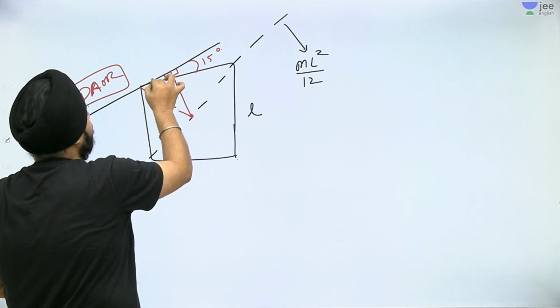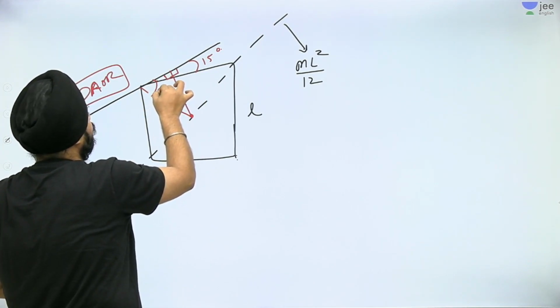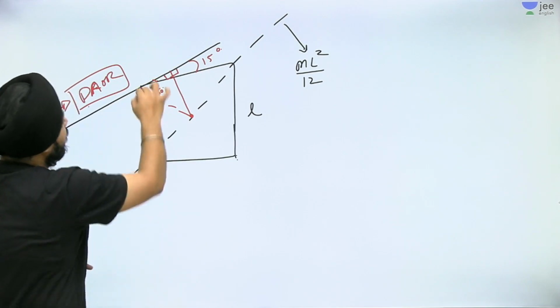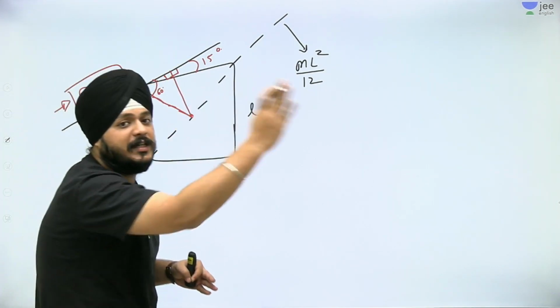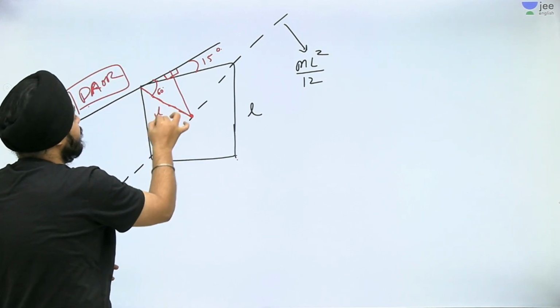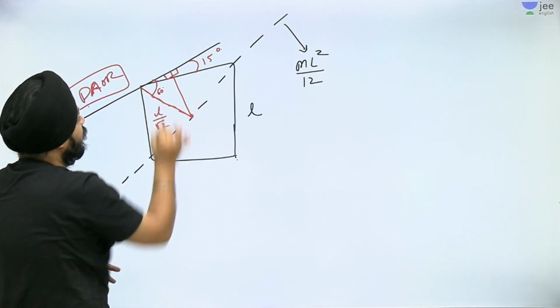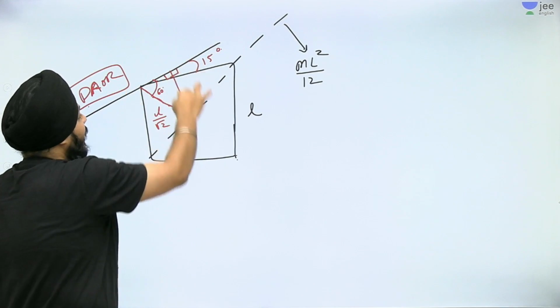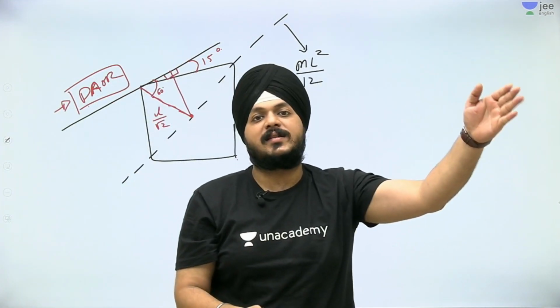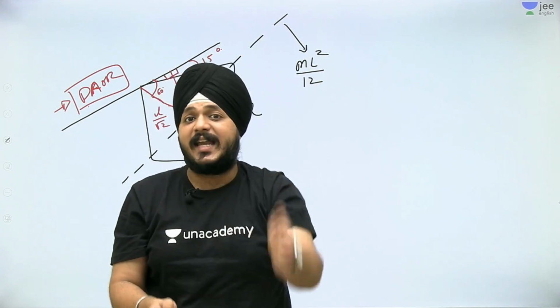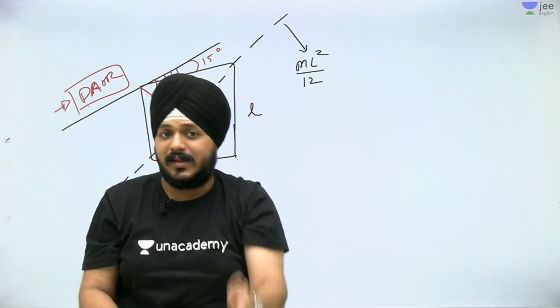So this is 15 plus 45, so the total is 60 degrees. This side is half of the diagonal of the square, that is L by root 2. Now consider this triangle and find this distance. If the normal is drawn from the desired axis to the known axis, that is the distance considered.